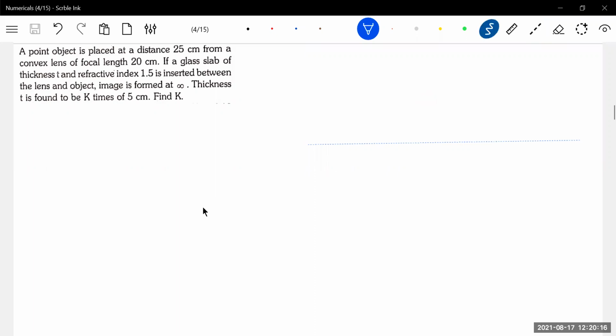Okay, we have a convex lens. If a glass slab of thickness t is inserted between the lens and the object, the image is formed at infinity. The object is placed at 25 centimeter.